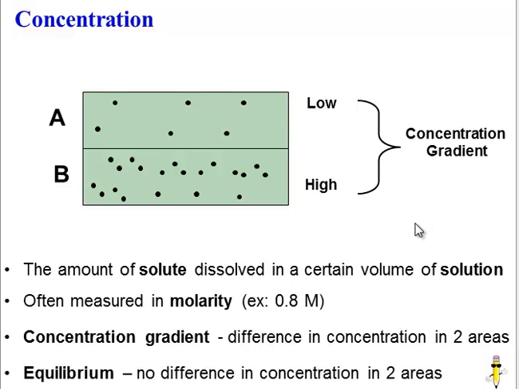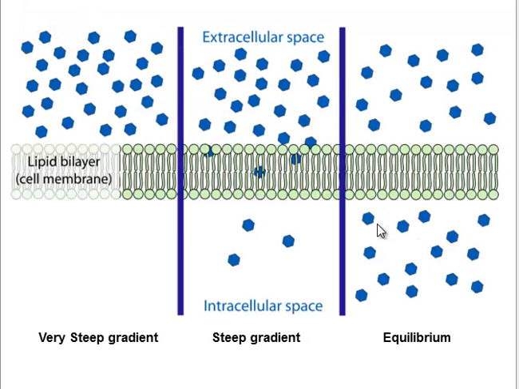Now here's what that might look like in a cell. In this picture of the cell, here's our lipid bilayer, and we can see that there's a high concentration of solute molecules on one side, and there's no solute molecules on the other side. So we would describe this as a very steep concentration gradient because the difference is very big.